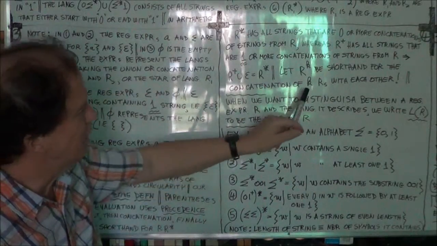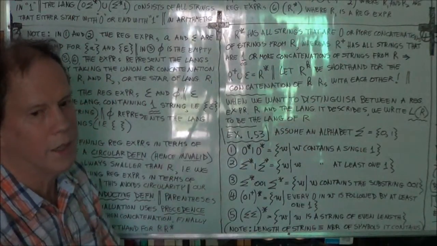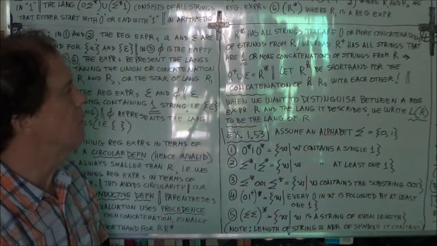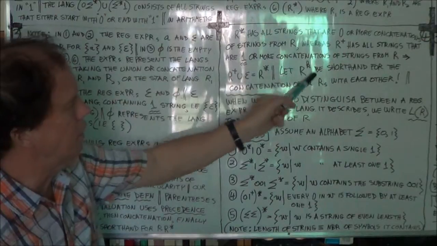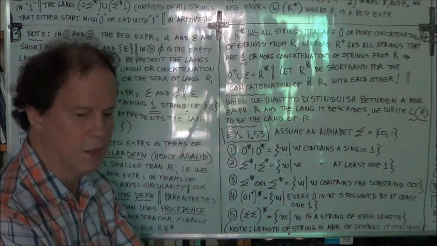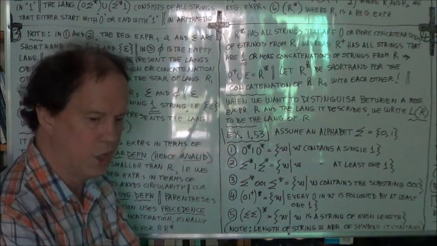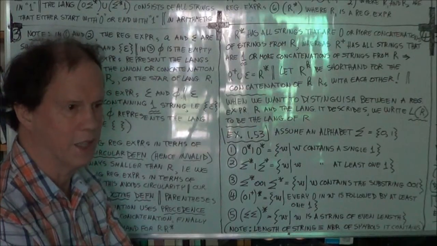It's the concatenation of Rs. So it would be R concatenated with R, and so on. Once you evaluate this set, it would be the set of all concatenations where each concatenation has resulted from K concatenations.